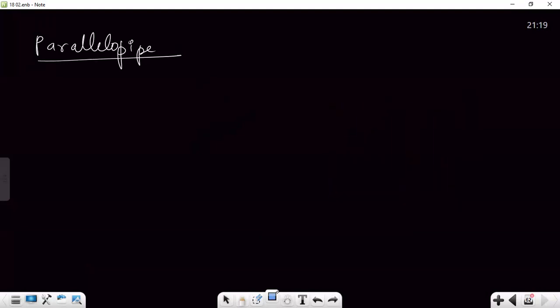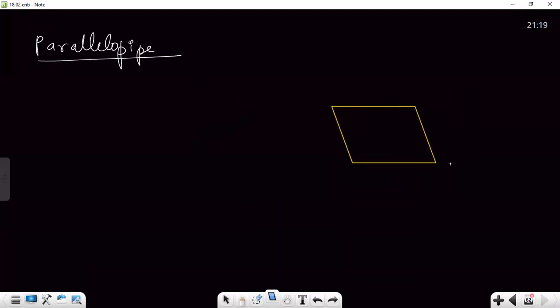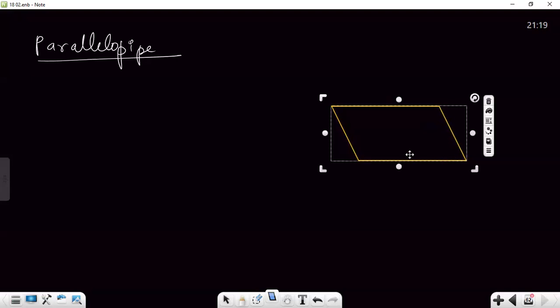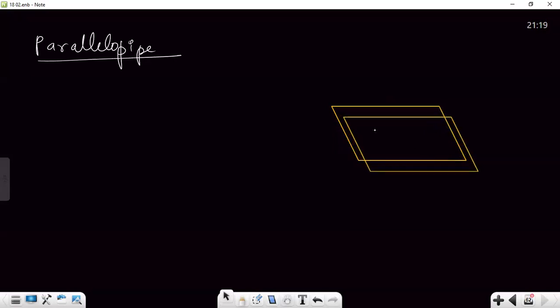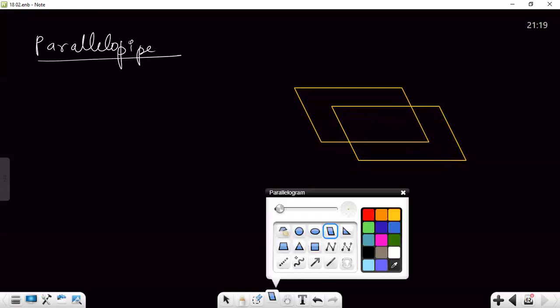This is a cuboid, but a parallelepiped will have, except squares or rectangles, parallelograms.